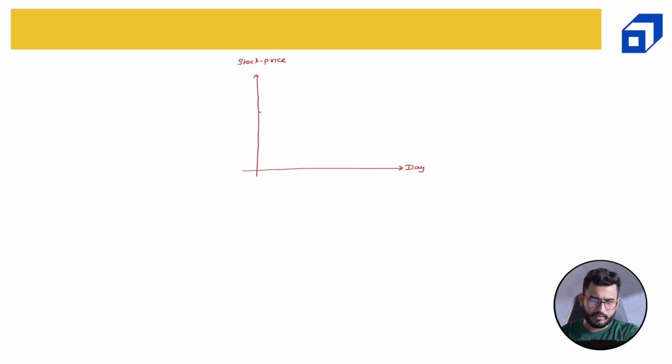Let's say on day 1 the stock price was somewhere around here, then over here, then over here, then here, then here, and one day it jumped over here, then came back to its normal position like this.